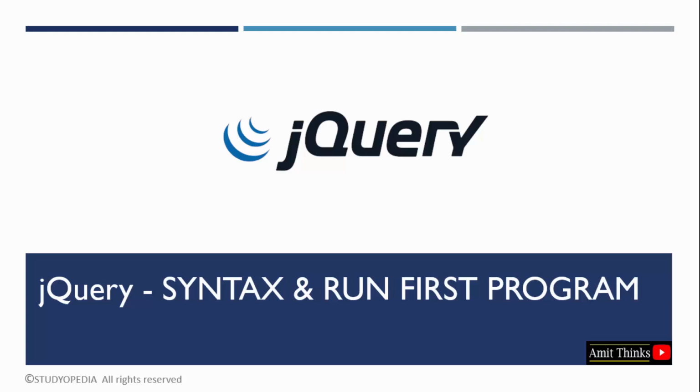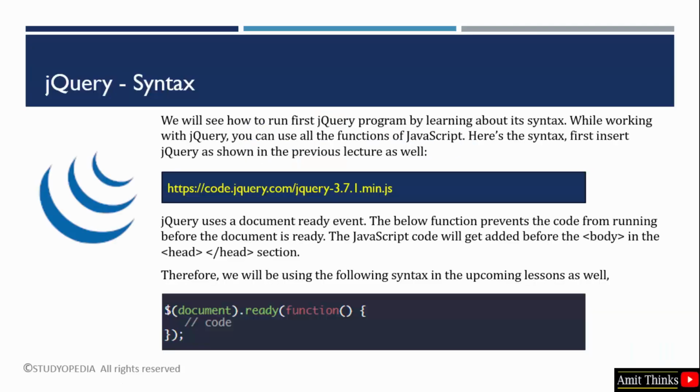In this lesson, we will learn how to run our first program with jQuery. That means how to insert it on a web page and code it to display it on a web browser. With that, we will also understand the syntax. Let's start.